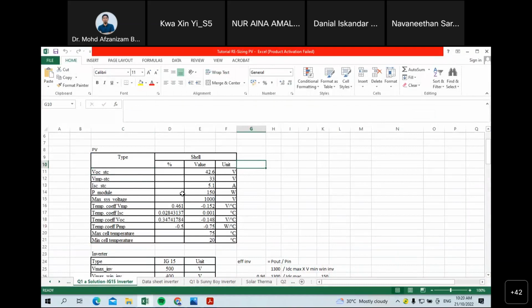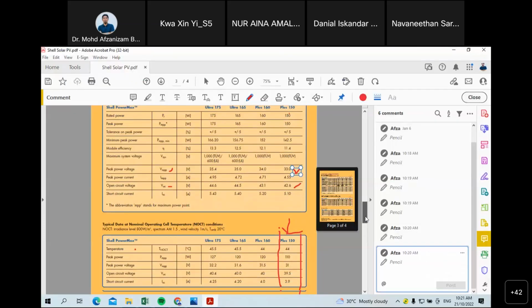And then also put this data. This data is actually still based on the data sheet. So if you can see the temperature coefficient VMP, this value 0.152 or maybe 0.461, then we can check. Temperature, this one.